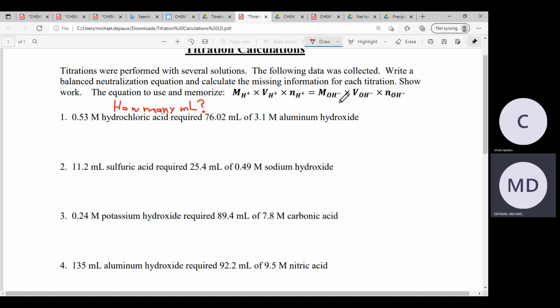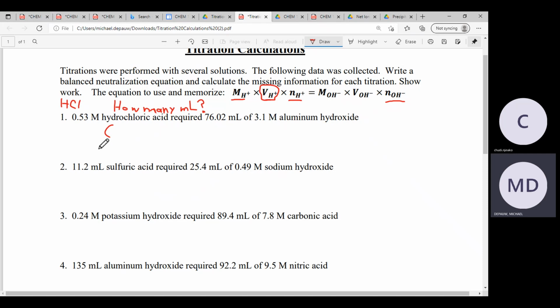So I'm looking for the volume of the acid, right? Now, what is NH plus? That's the number of acidic hydrogens. What is NOH? That's the number of OH minuses that are present. So MH plus is the molarity of the acid. In this case, the acid is hydrochloric acid, which is HCl.